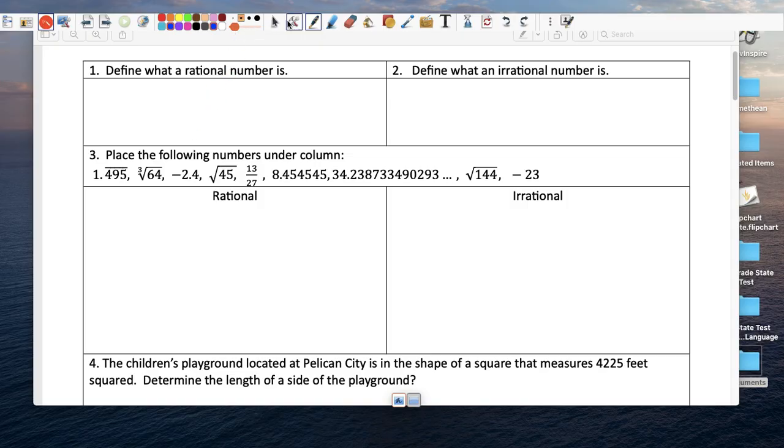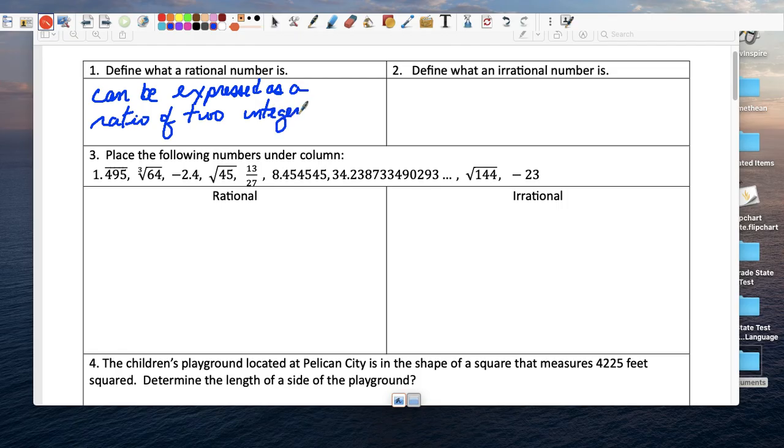What is a rational number? Well, we talked about in class, a rational number is a number that can be expressed as a ratio of two integers, right?